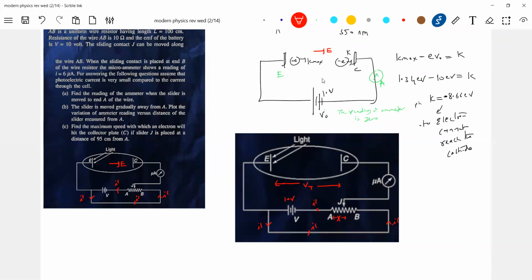For option B, 10 volt should be equal to VAJ plus VT.